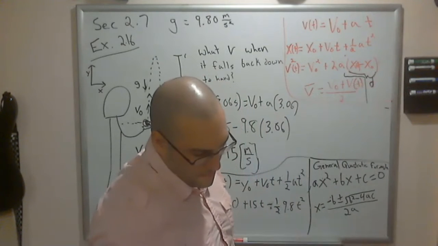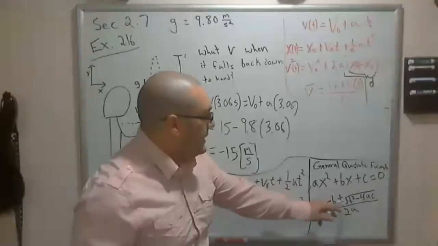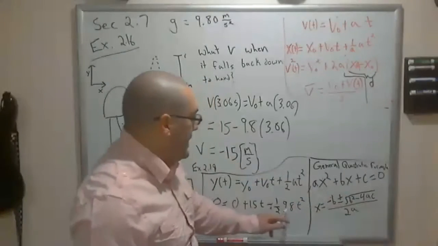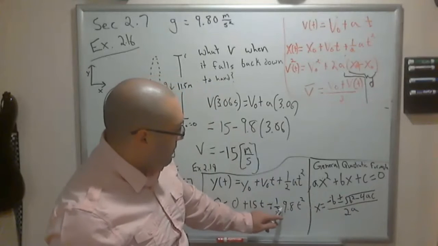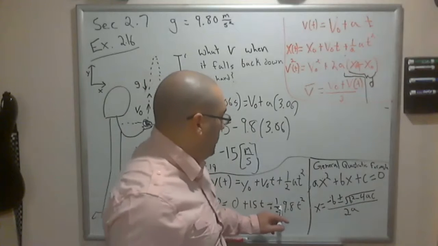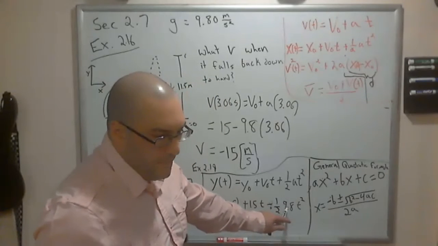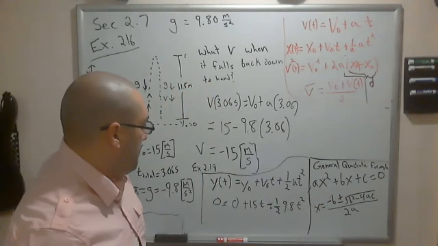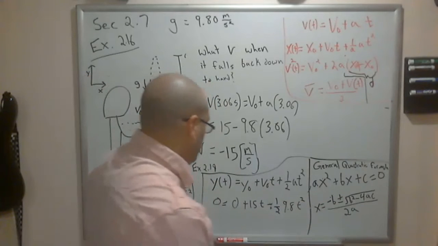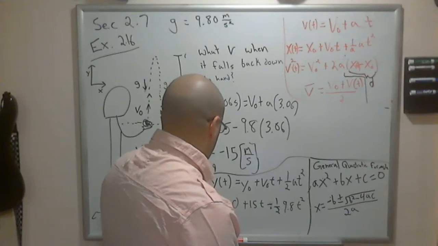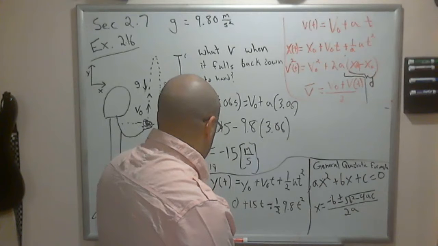Right? And in this case, now we relate what these constants are. In this case, b is 15, a is minus 1/2 of 9.8, so 4.9, right? And c is 0, right? So let me write it out. A is equal to minus 4.9, b is 15, and c is 0.